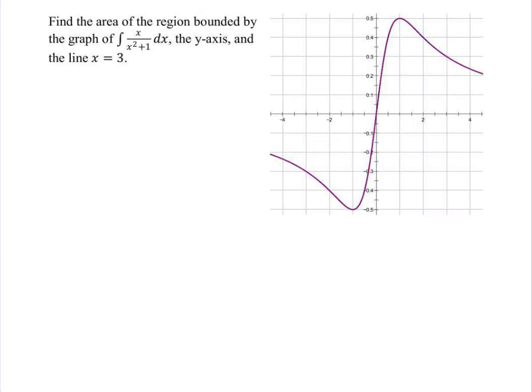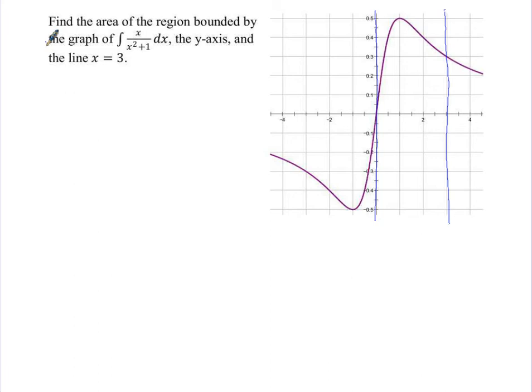So now that we know that, we can handle functions that look like this if we're trying to find the area under the curve. It says find the area of the region bounded by the graph of this function, f of x equals x over x squared plus 1, the y-axis and the line x equals 3.